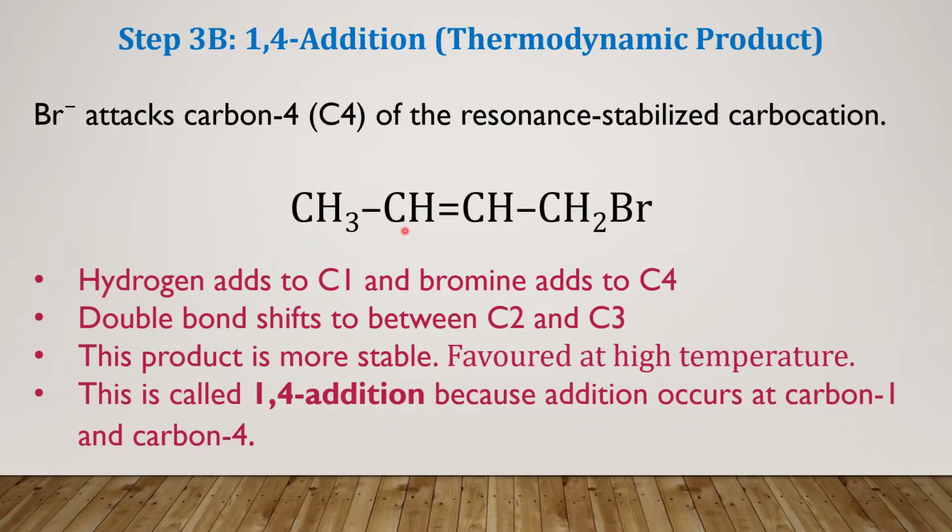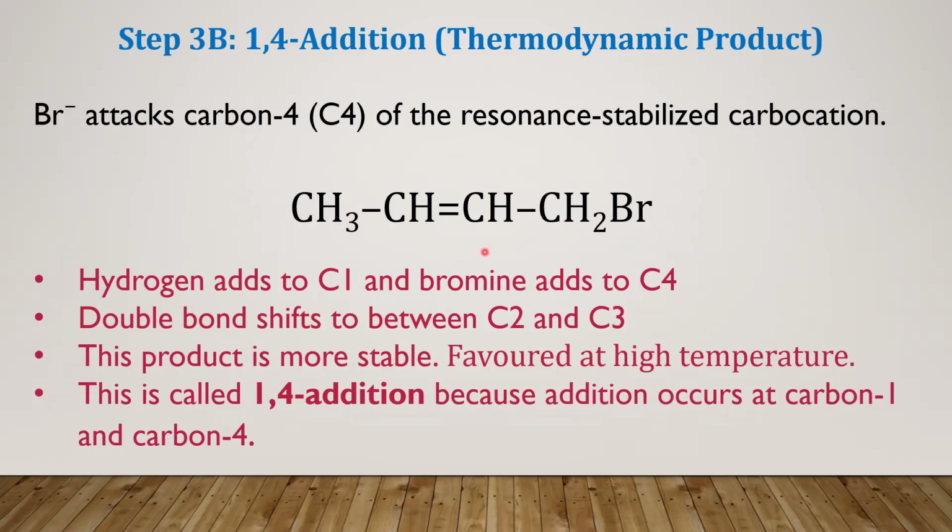Now come to the 1,4 addition. Here, at the C1 position, hydrogen is attached, and at the C4 position our bromine has got attached. The product formed is as shown here. The double bond has shifted between C2 and C3, and this is a very stable product when compared to the previous one.